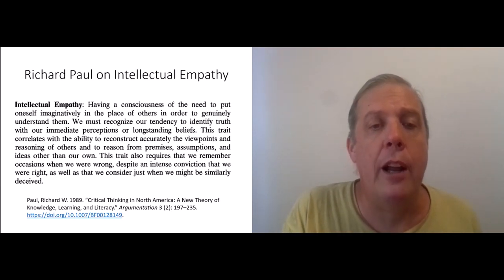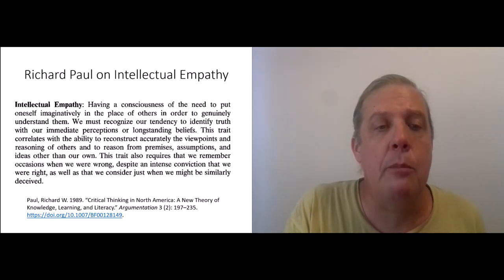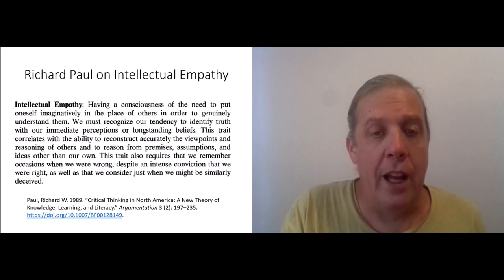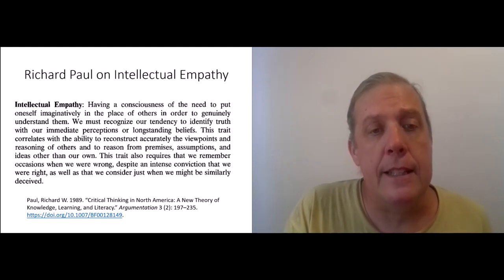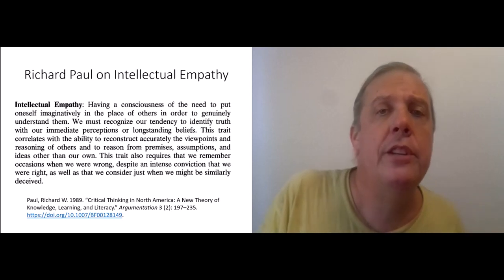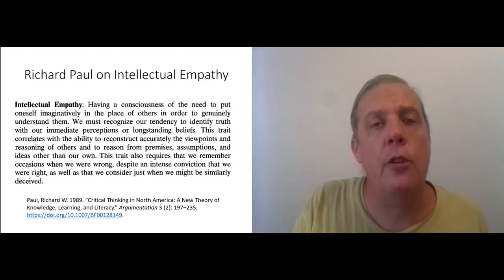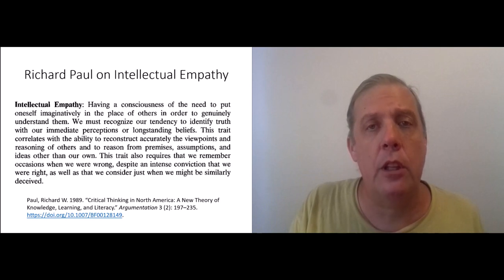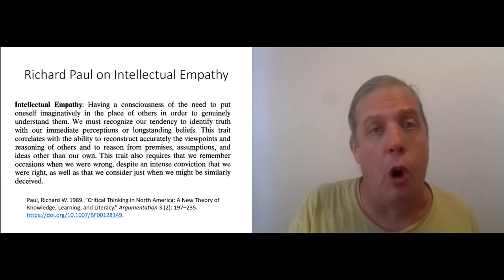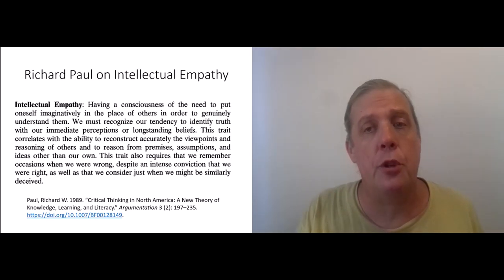This trait requires us to remember occasions where we were wrong, despite an intense conviction that we were right, as well as consider just when we might be similarly deceived. So basically, he's emphasizing reconstructing other people's ideas accurately, plus some intellectual humility, recognizing that you've been wrong before and you'll be wrong in the future.